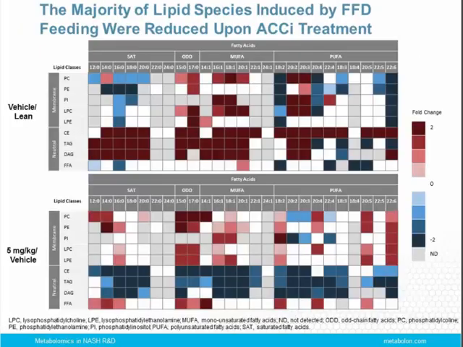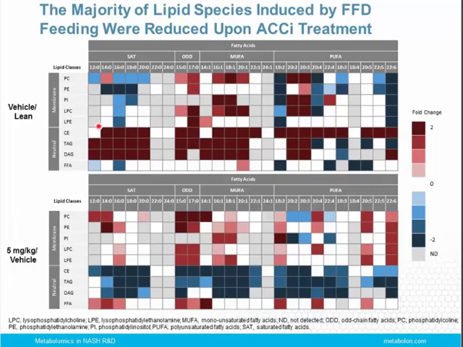And so then if you take a broader look at all the fatty acid species in all of the lipid classes, here you can see each of the fatty acids in the columns and their enrichment in each of the lipid classes on the left here. And so what you notice right away is that the neutral lipids are predominantly increased on the diet.